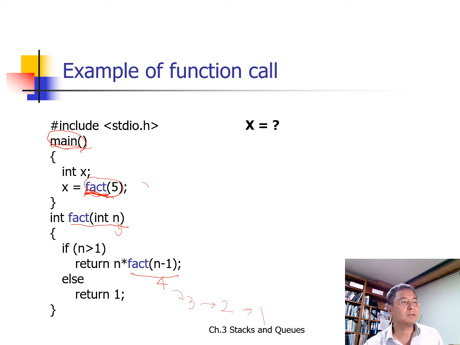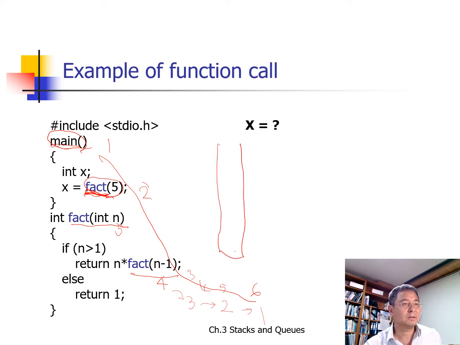So how many function calls are made? 1, 2, 3, 4, 5, 6 function calls will be executed. So how can you store all of the function call data? You can use this stack. What is stored at the bottom of this stack? Of course, it is the main function.